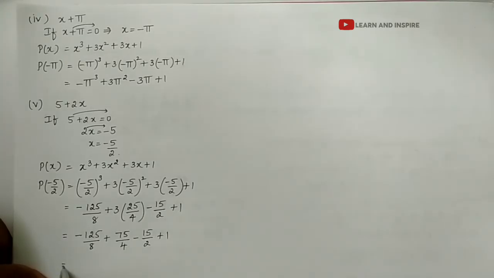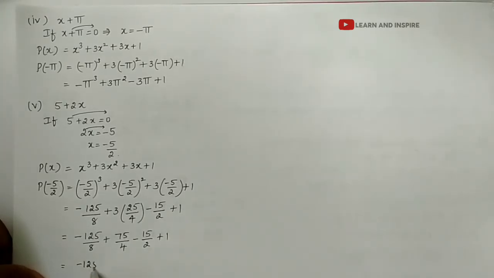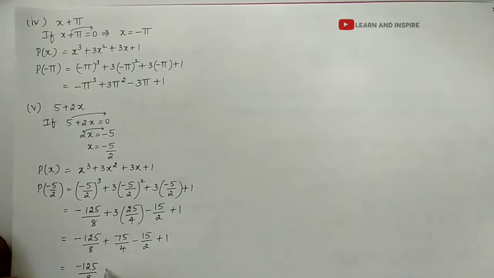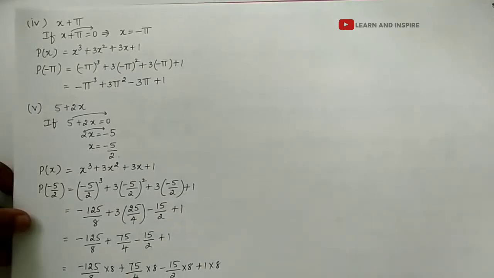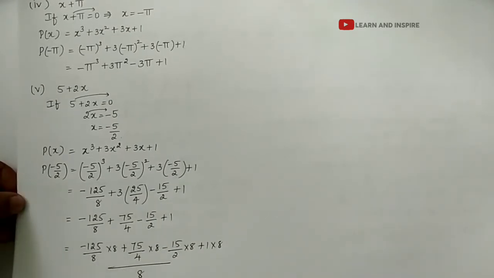So I take LCM 8: minus 125 by 8 into 8 plus 75 by 4 into 8 minus 15 by 2 into 8 plus 1 into 8, divided by 8. So here we have written divided by 8.